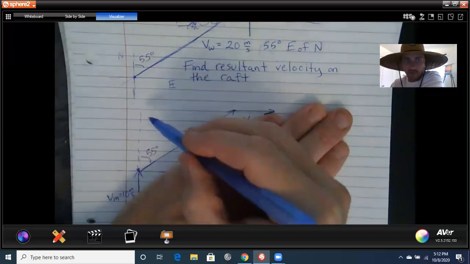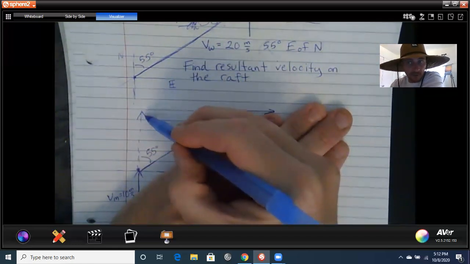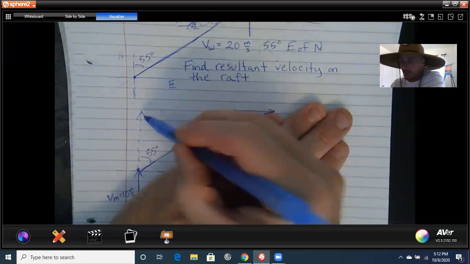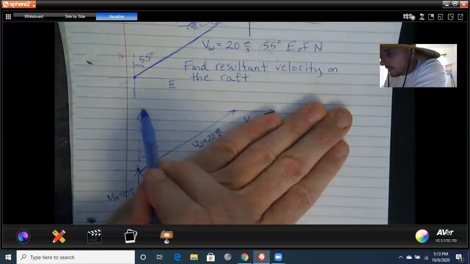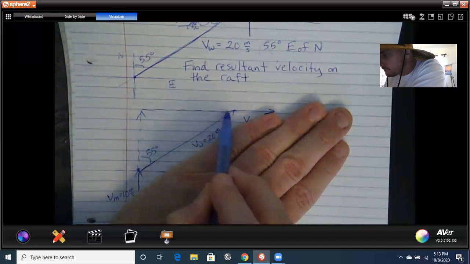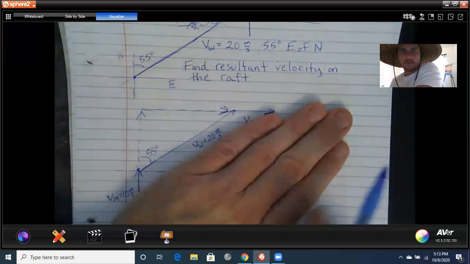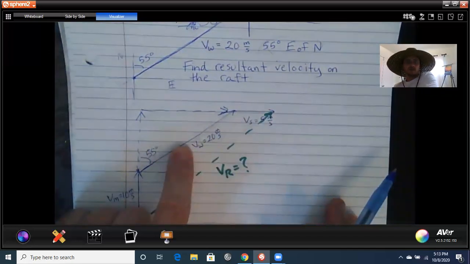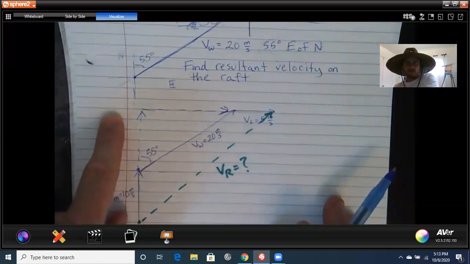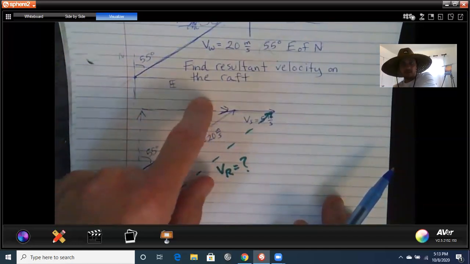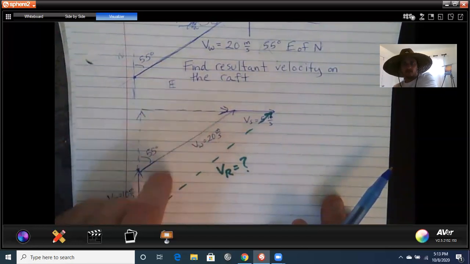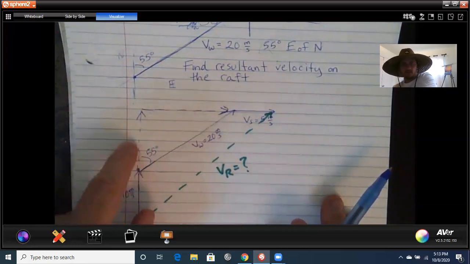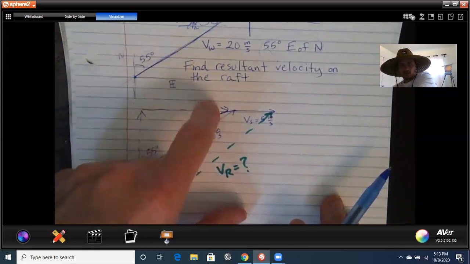I'm going to move up. And notice I'm putting an arrowhead. You must put an arrowhead. Moved up, and I'm going to move which way? Right. So that 20 is made up of a bit of north velocity and a bit of east velocity, isn't it? That 20 meters per second is acting both in the north and the east.